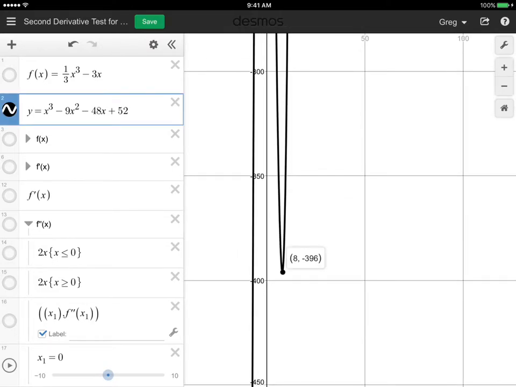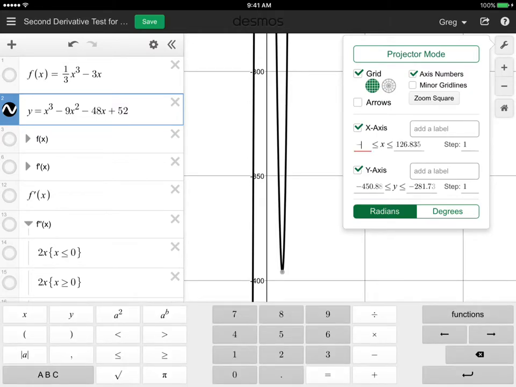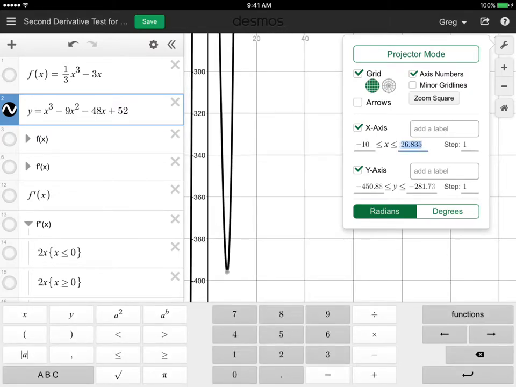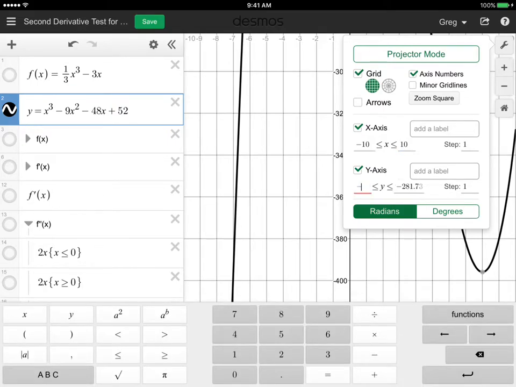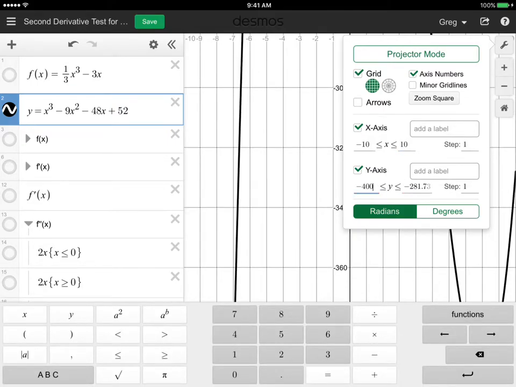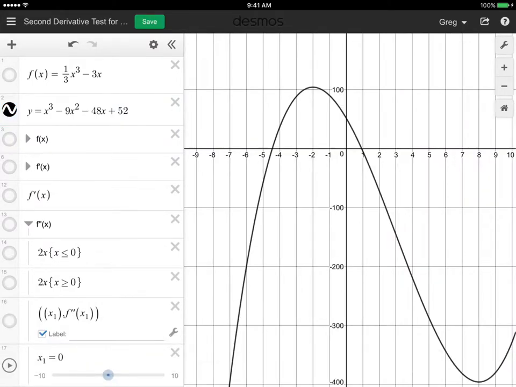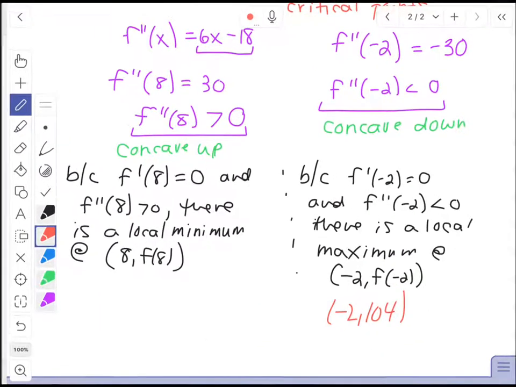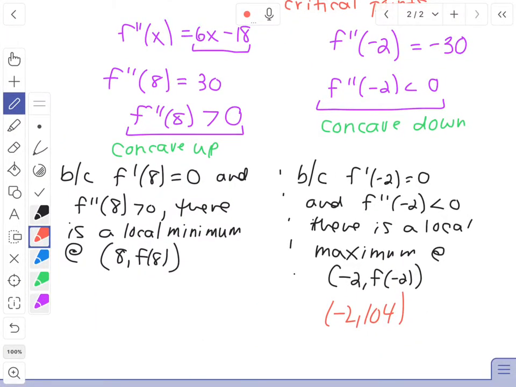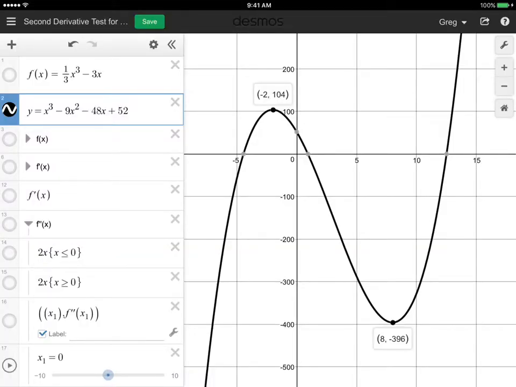And we can see at 8, we do see a minimum. Let's get a better viewing window just to see our overall picture. So again, we can see our maximums and our minimums were correct based off of our second derivative test. We could go ahead and label -396.